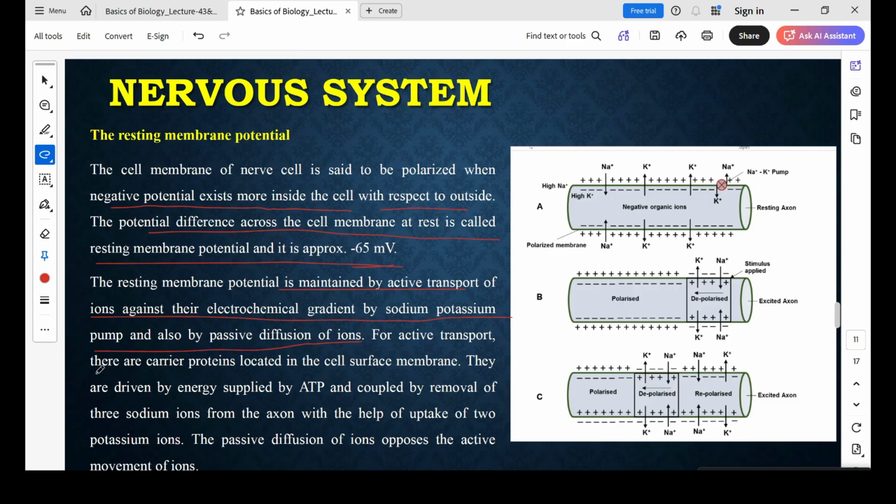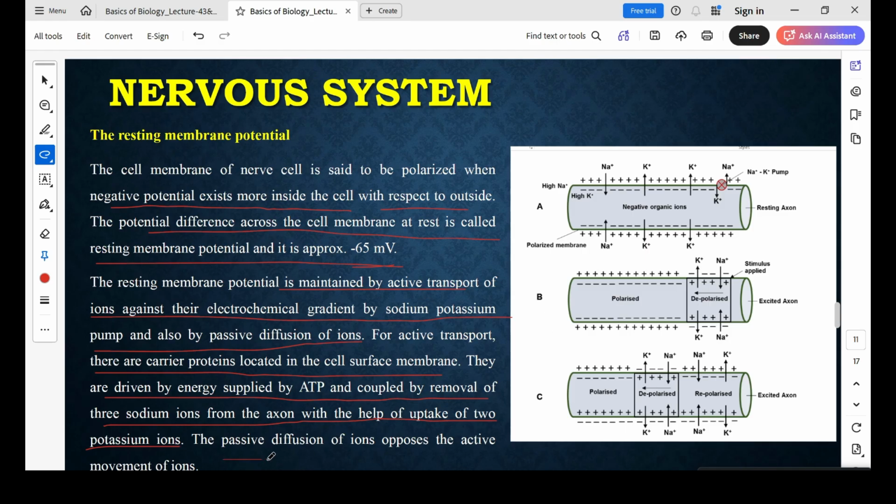For active transport, there are carrier proteins located in the cell surface membrane. They are driven by energy supplied by ATP and coupled with removal of 3 sodium ions from the axon with the uptake of 2 potassium ions. So there is a net negative charge going on, because there will be exchange of chloride ions as well.